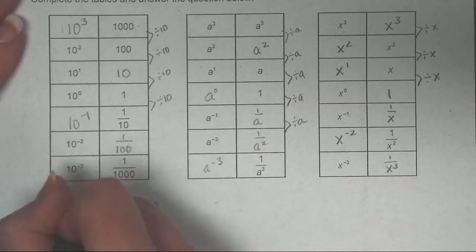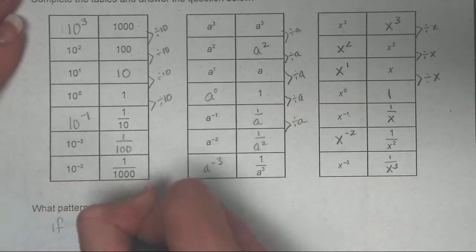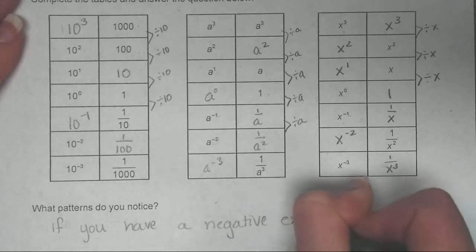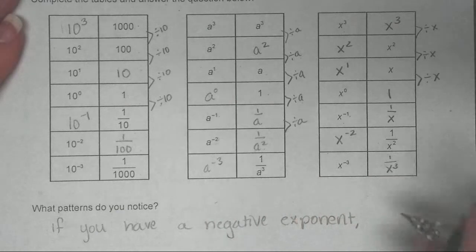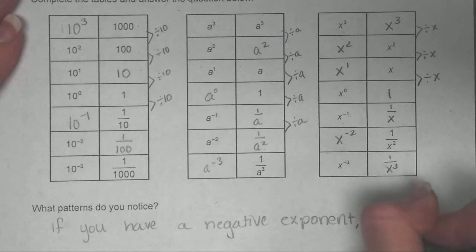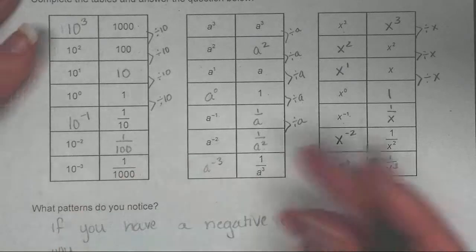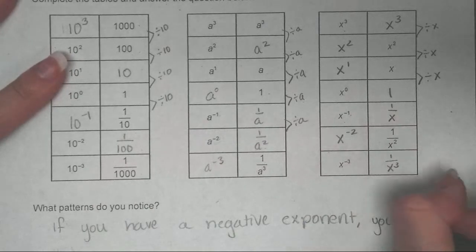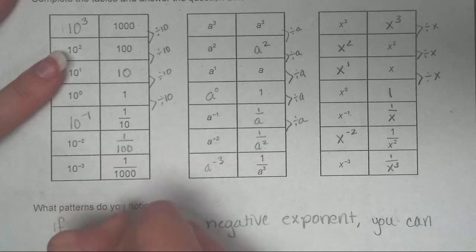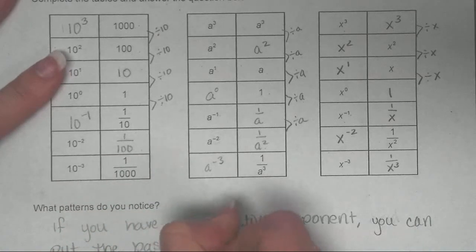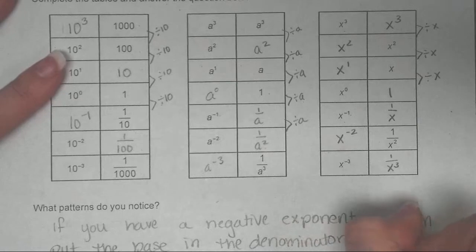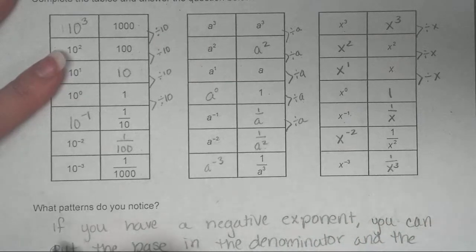So maybe we could say, if you have a negative exponent, we should say you can put the base in the denominator and the exponent becomes positive.